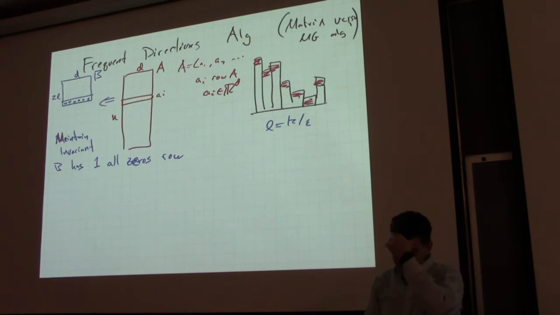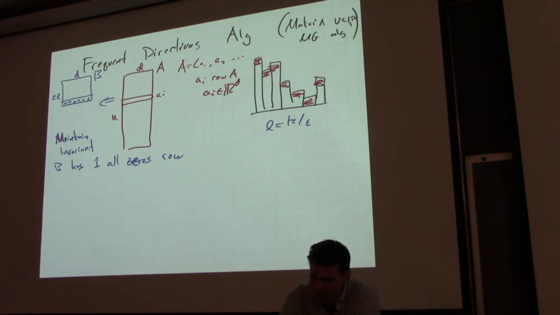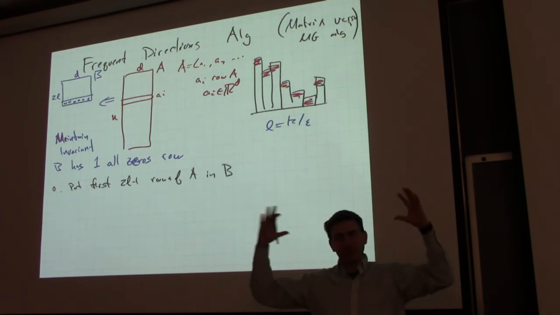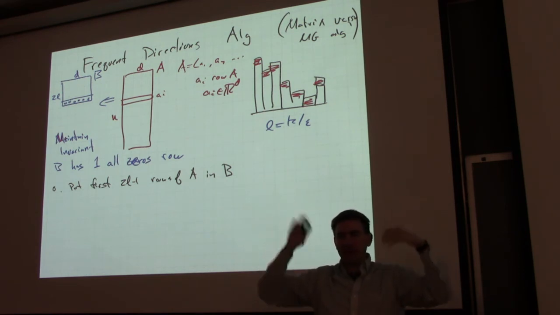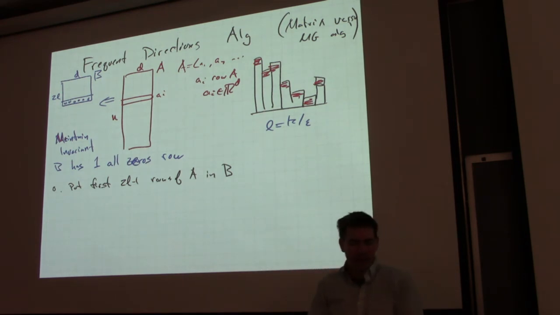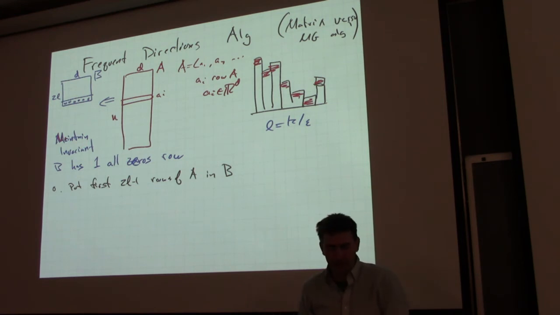Let me write down the actual algorithm now. First, I'm going to put the first 2L minus 1 rows of A into B. So it's mainly filled, or maybe just the first row of A; you can deal with that.